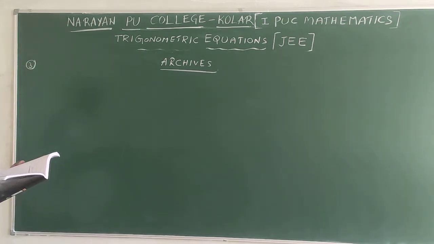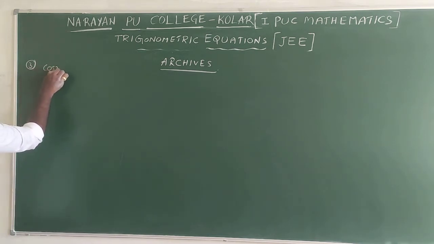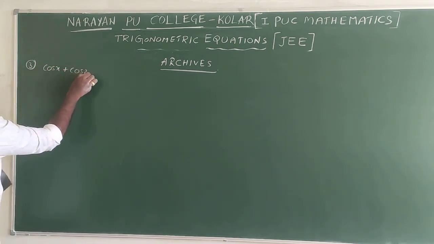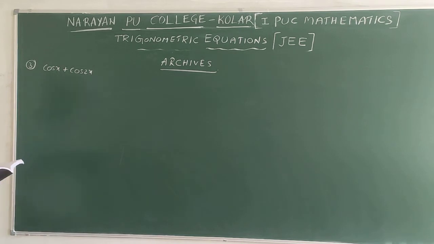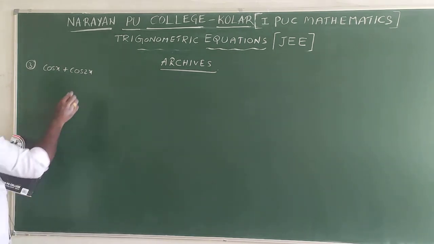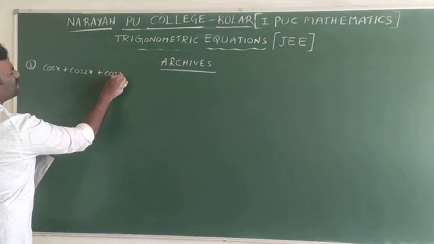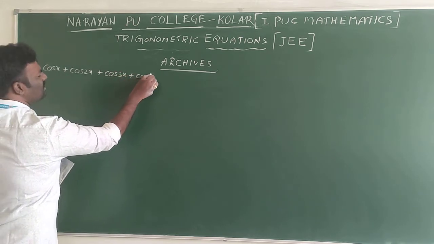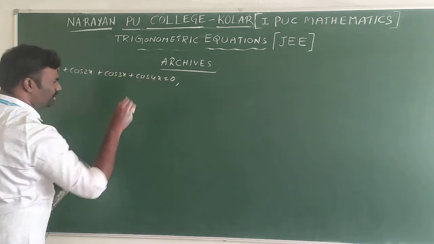See the third question. The number of real values of x which satisfy the equation cos x plus cos 2x plus cos 3x plus cos 4x is equal to 0.